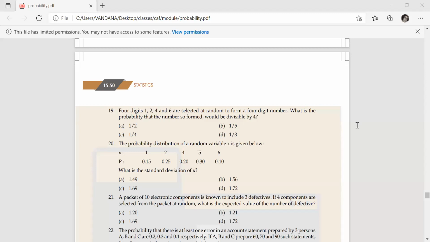The probability distribution of random variable X is given below. What is the standard deviation of X? So this is the probability distribution.